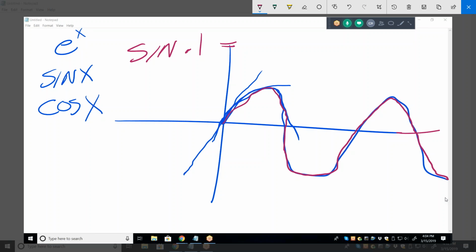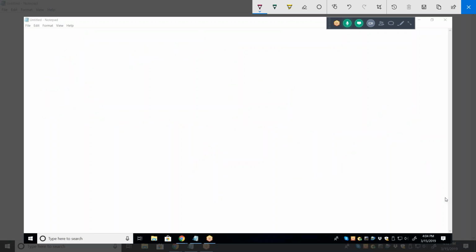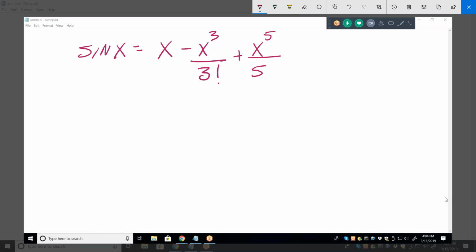In other words, sine x, let me erase all of this. Let's say you didn't have a calculator. That's just the first three terms of sine x.